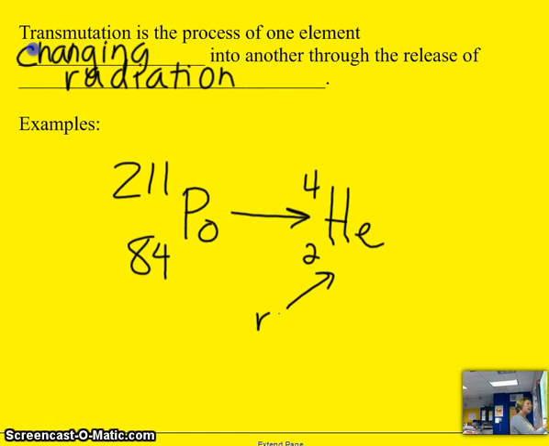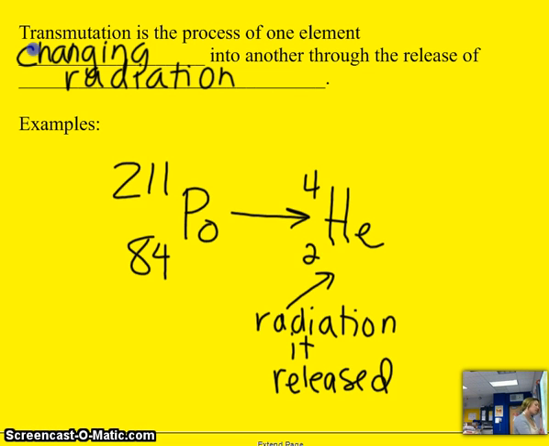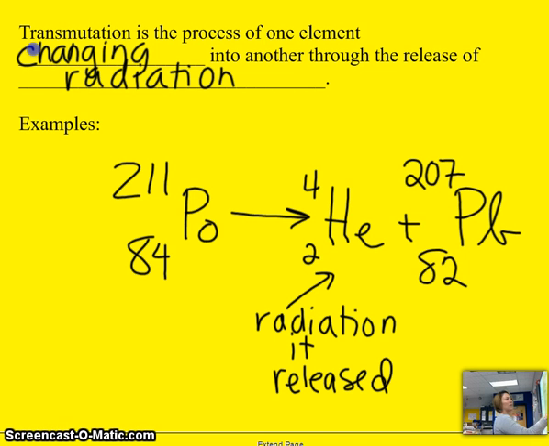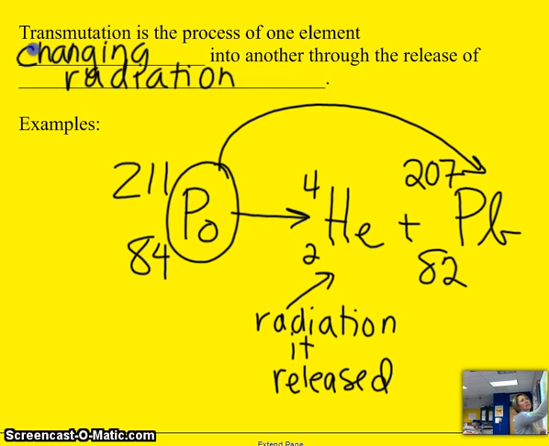This is the radiation that it released. Okay? And when it did that, it turned into lead, if you remember. And that lead was lead-207, and lead's atomic number is 82. So the polonium turned into lead through the release of radiation.